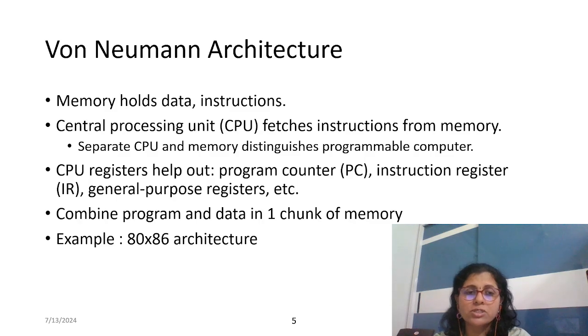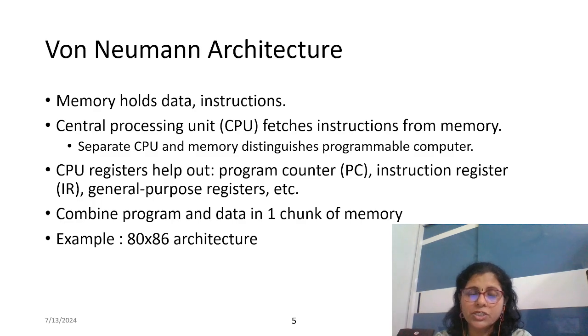The central processing unit consists of the ALU, program counter, general purpose registers and all these components. Normally the CPU reads the instruction from the memory, and this instruction is executed by the ALU. That is the main important concept in the architecture.